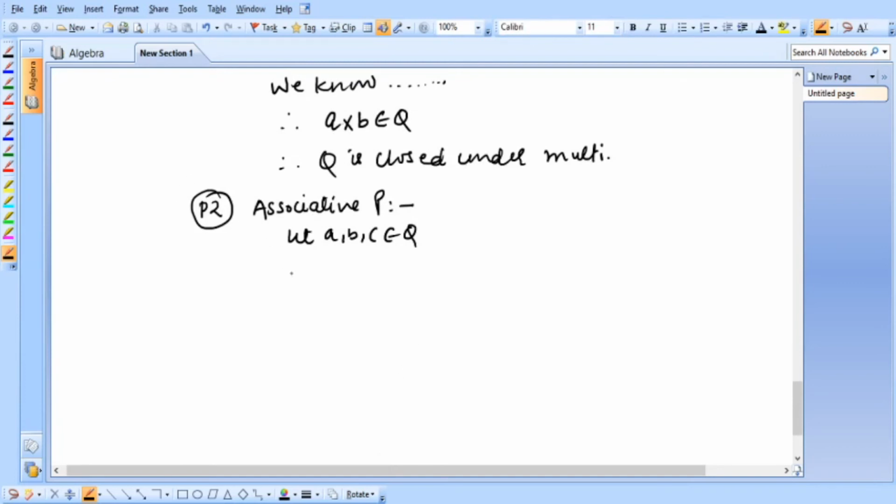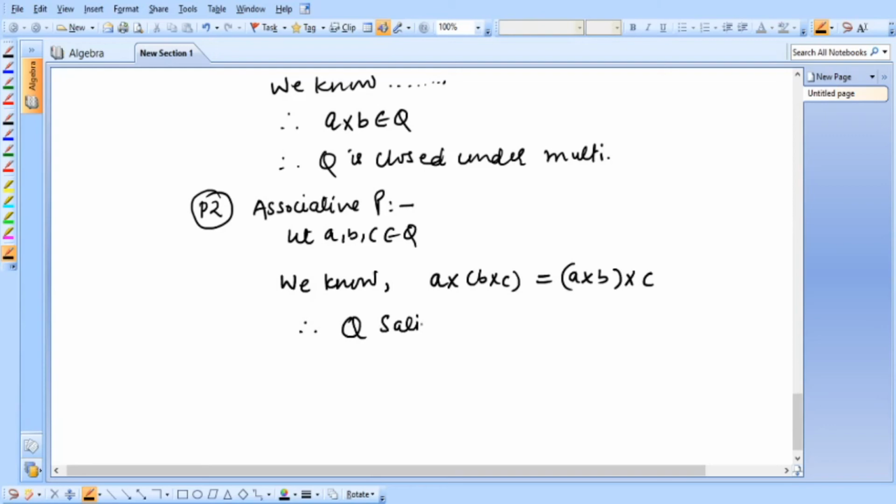We know a multiplied by b, multiplied by c, is always equal to a multiplied by b multiplied by c. Therefore, Q satisfies the associative property, right?